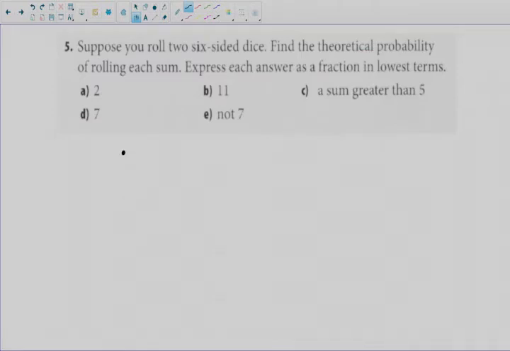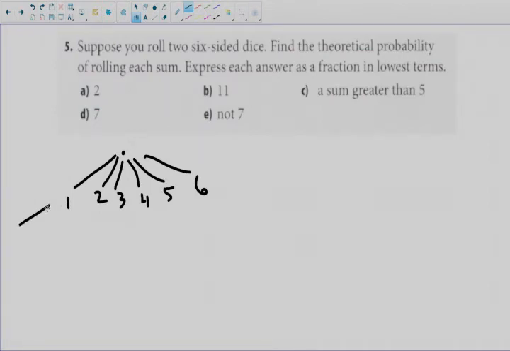So instead of drawing the whole dice, I'm just going to draw a dot for the die. 1, 2, 3, 4, 5, 6. So those are our 6 first rolls, and each one of these has 6 more.